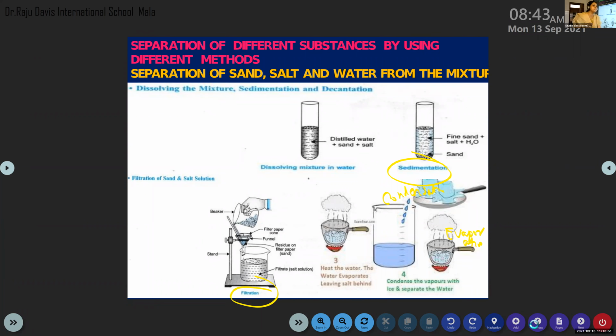Here it is completely dissolved in water. Mix well and does not mix well, we call miscible and immiscible.